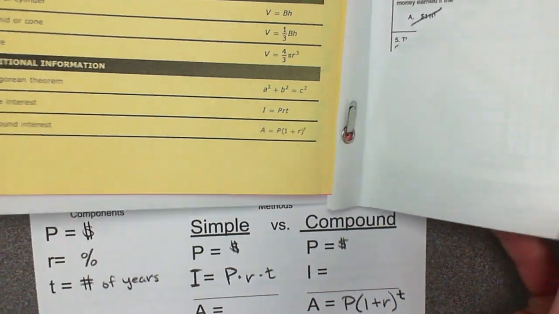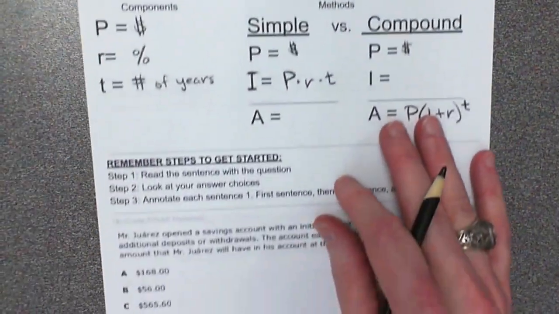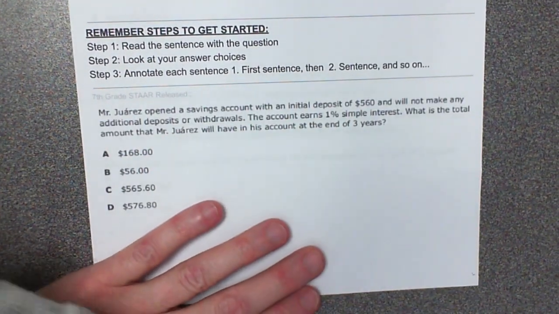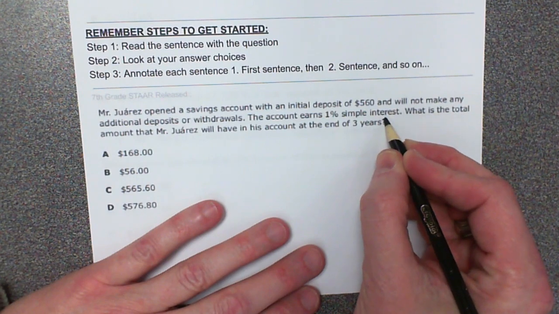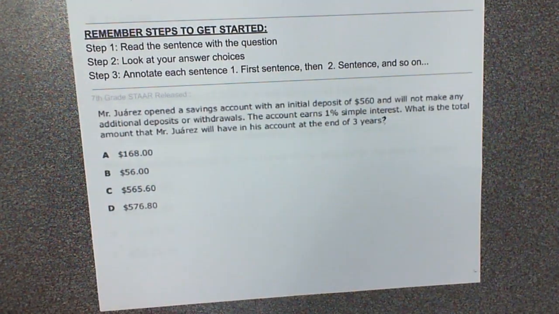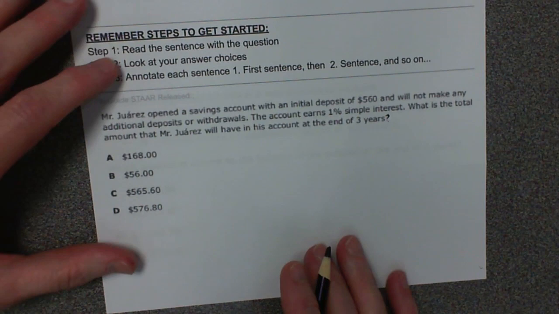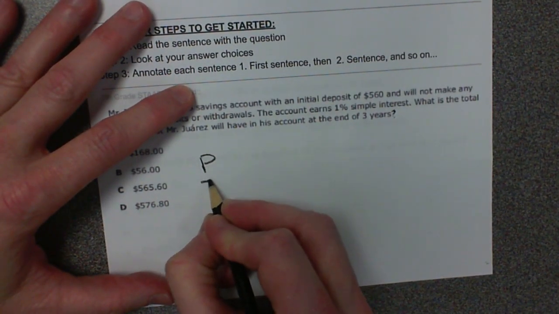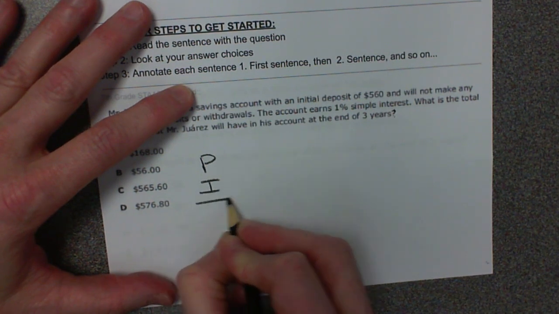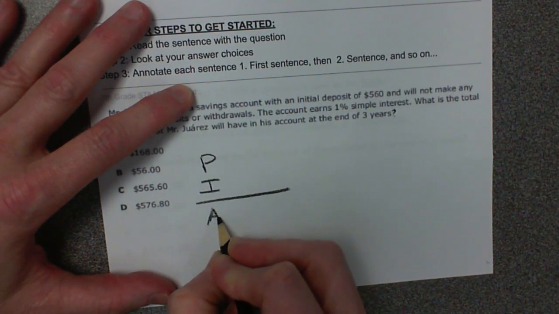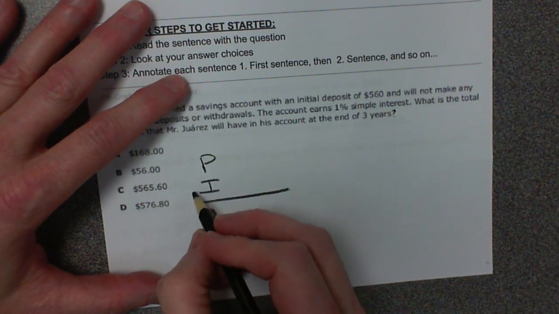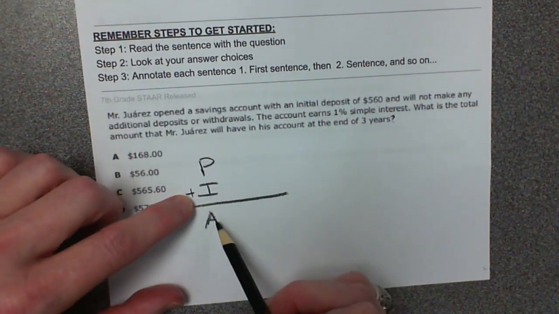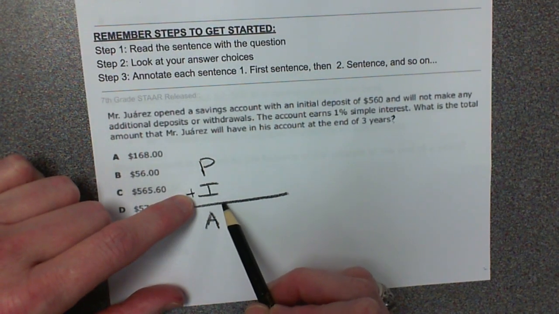All right, so we're going to use the same steps that we solve any other problem. Any other problem. We're going to start with the sentence with the question in it. And we need to figure out in our capital P plus I equals our overall account balance. We need to figure out which one of these two am I trying to find, the interest or the account balance.